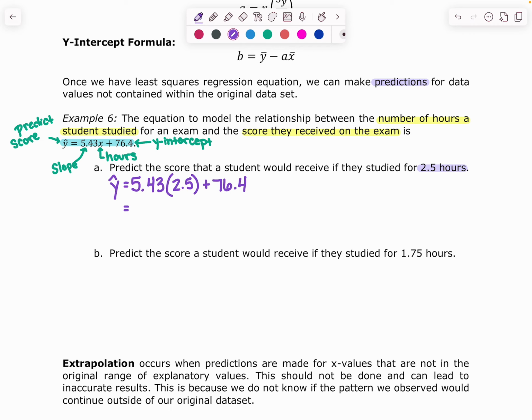So that gives me 13.575 plus 76.4. So that is a predicted score of 89.975 for this student.